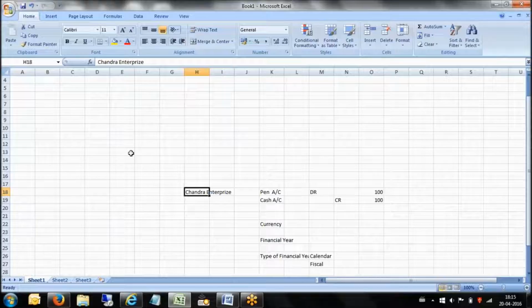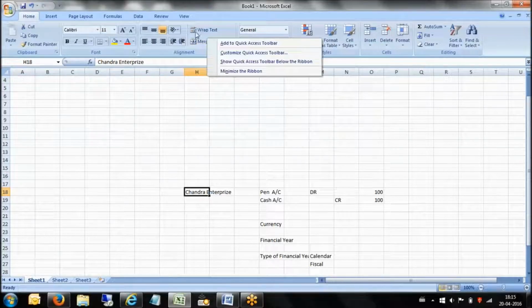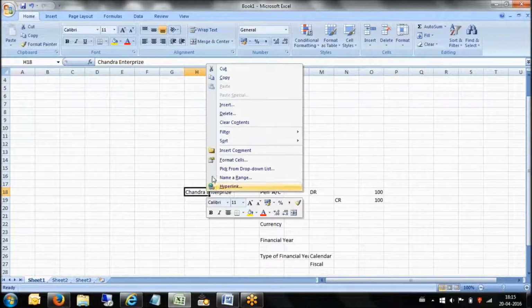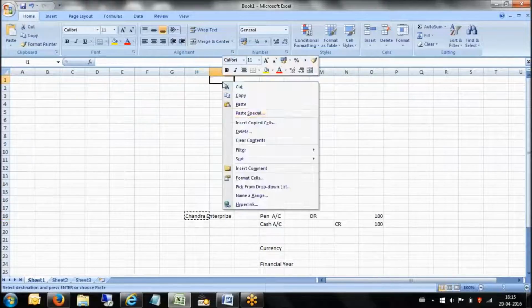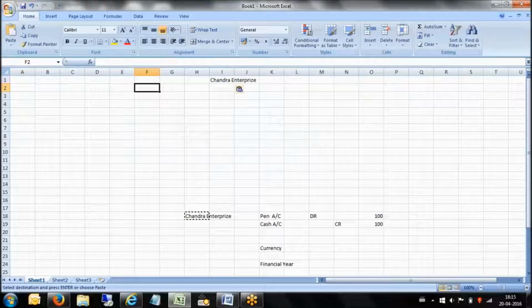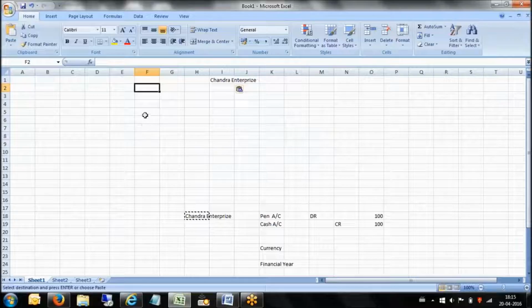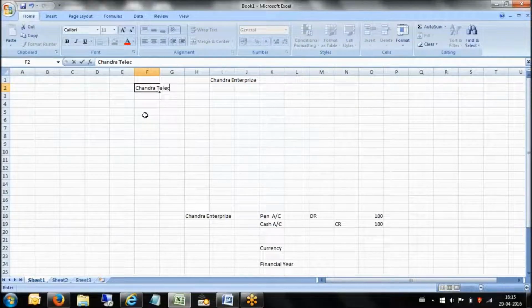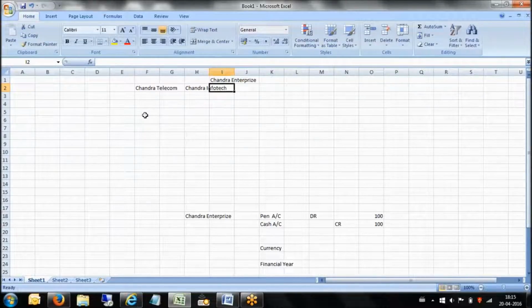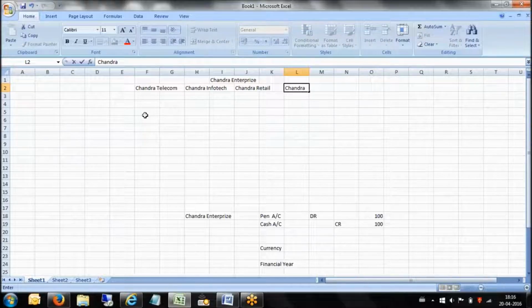This Chandra Enterprise has become a big enterprise. This same company, based on various lines of business, has companies under it: Chandra Telecom, Chandra Infotech, Chandra Retail, Chandra Energy, which is into the energy sector.